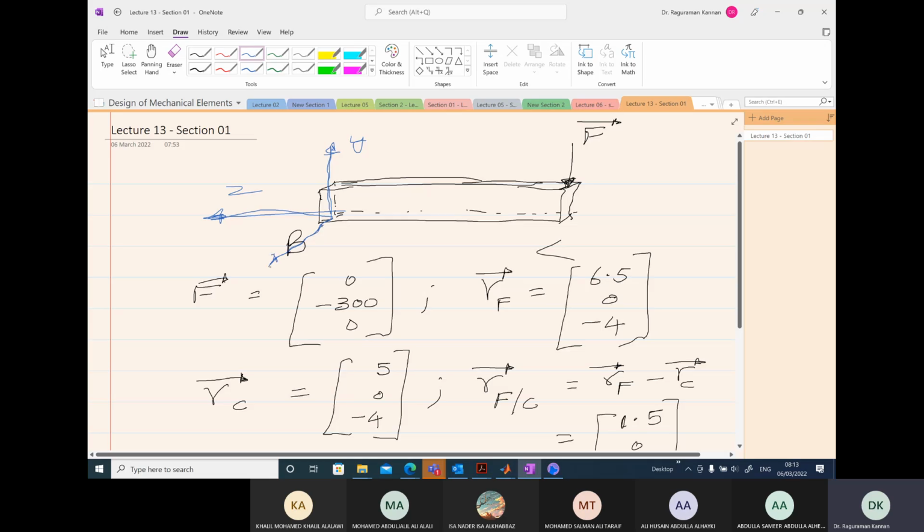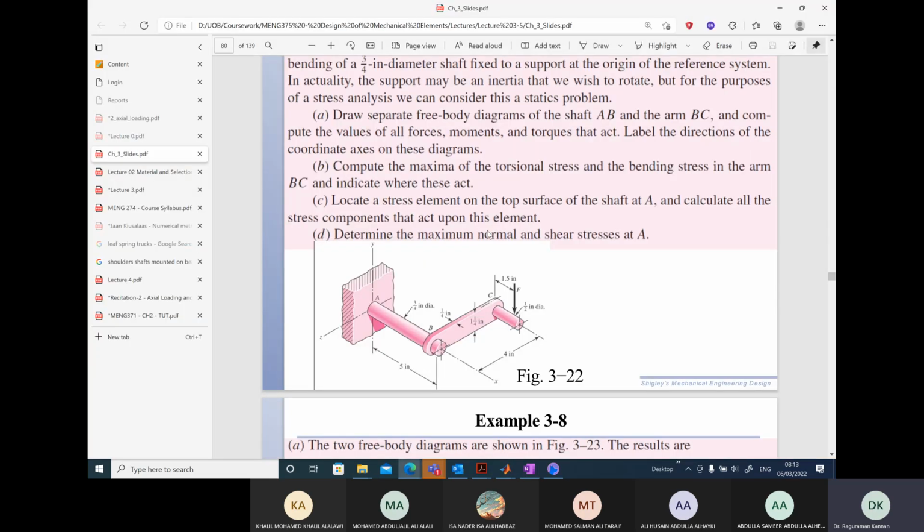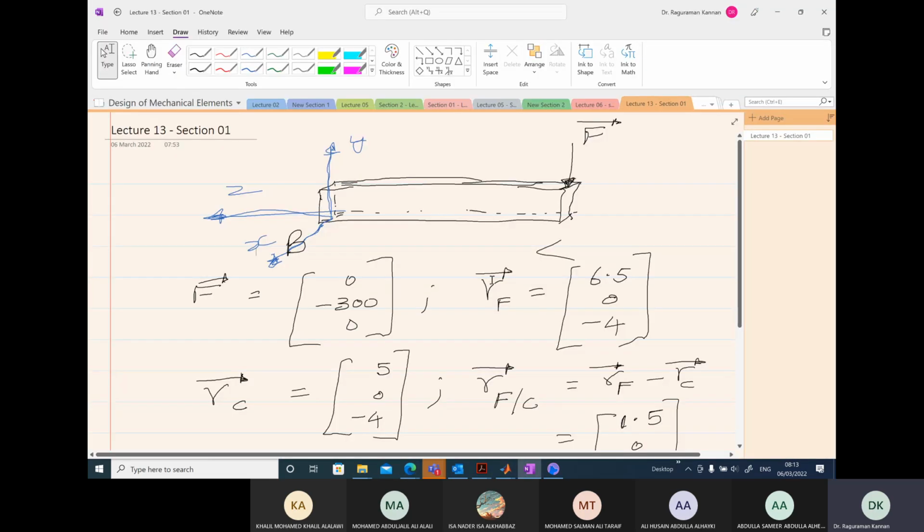Yes, in this direction. Okay. So the moment is about the negative z-axis here. So it leads to a torque for the BC. If you use your right hand rule, this will be the torque MC. In other words, torque also can be represented in this direction with a double arrow.